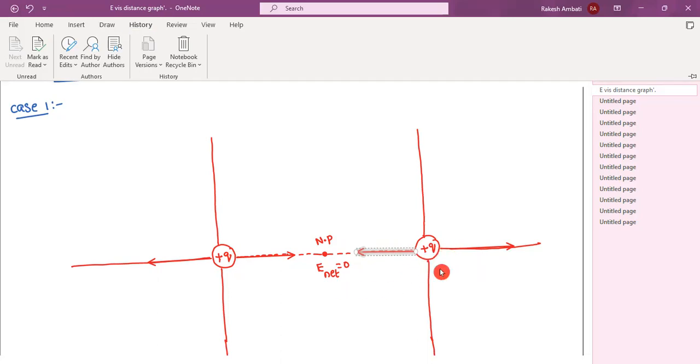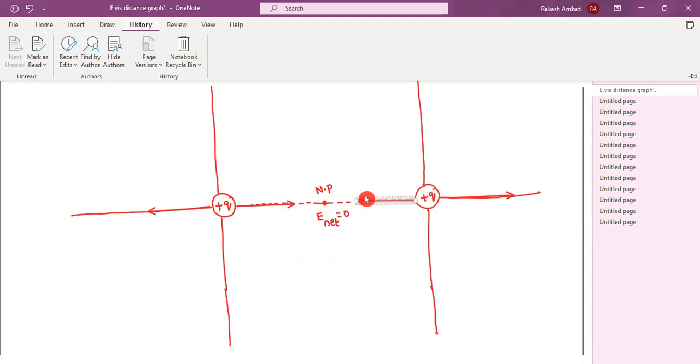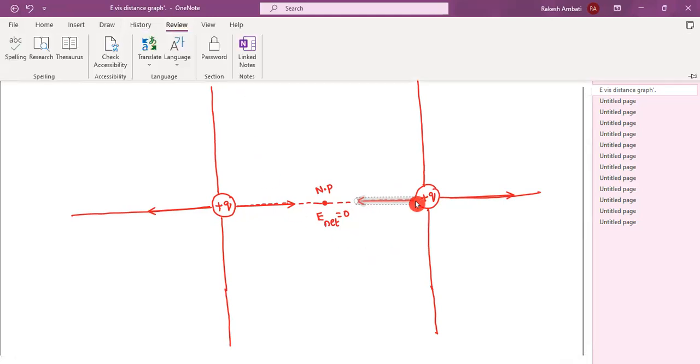In the same way, if the intensity direction is along the negative side, we have to draw the intensity graph on the negative side.